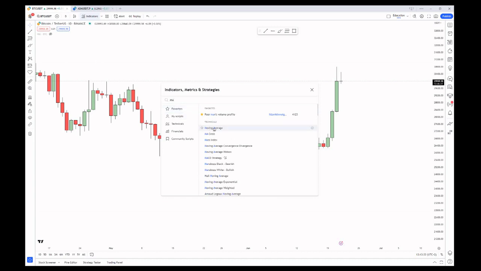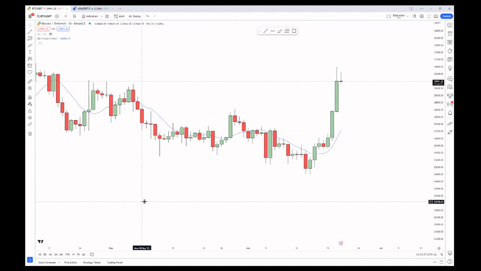You see here moving average. What it does, it draws a line. So what does this line tell us? A moving average is nothing more than the price of the last couple of candles.